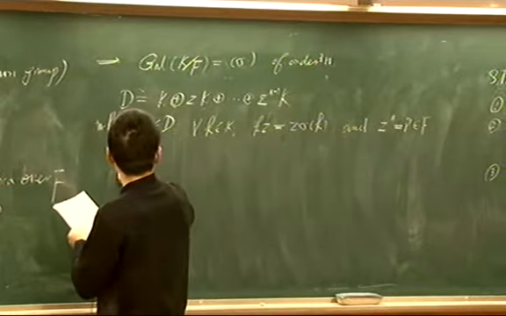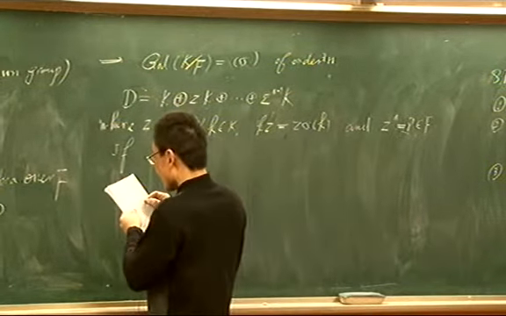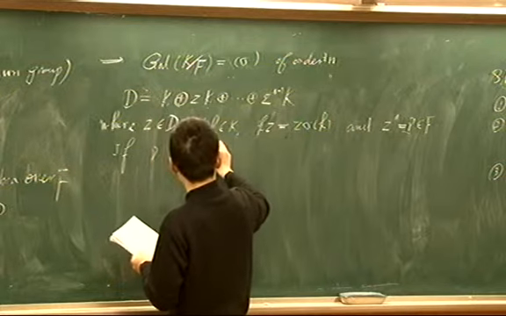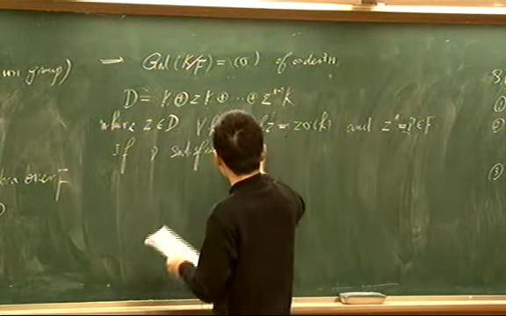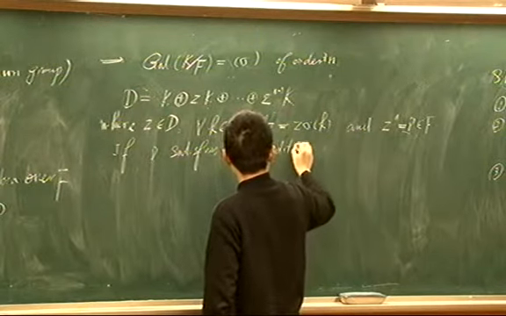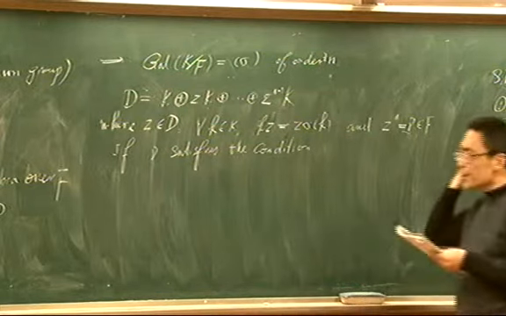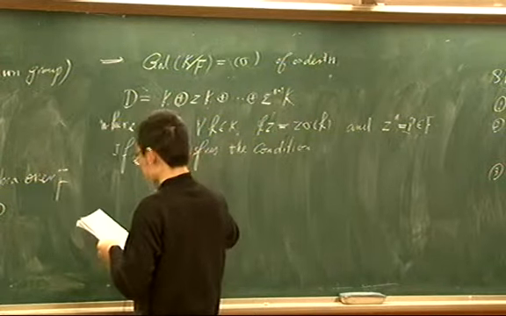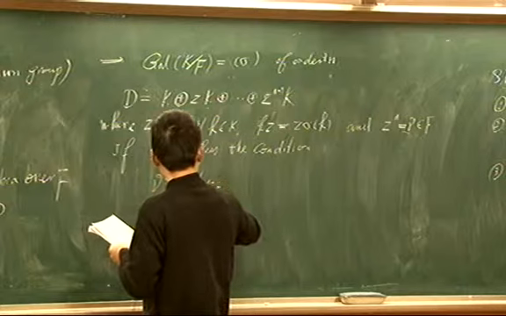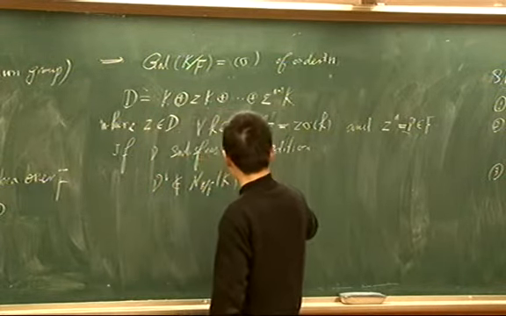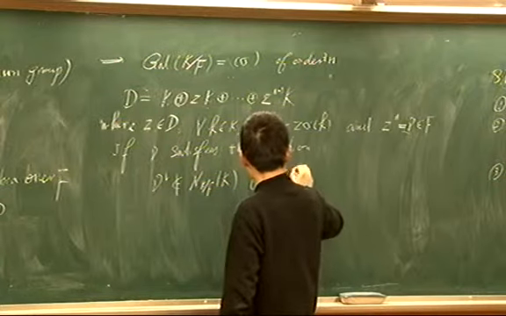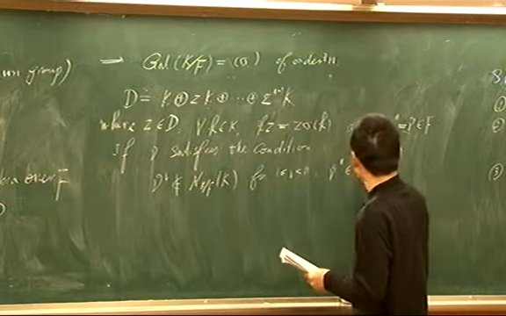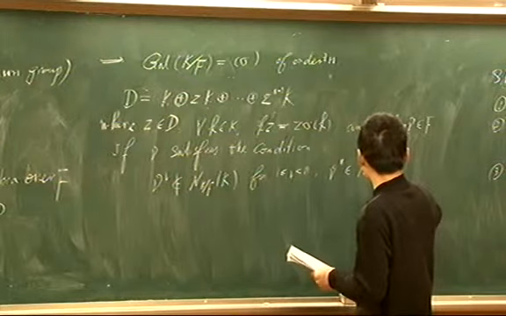If gamma satisfies the condition, this is the condition this paper is always about: gamma^i does not belong to the norm group N_{K/F}(K) for 1 ≤ i < n, and gamma^n belongs to N_{K/F}(K).